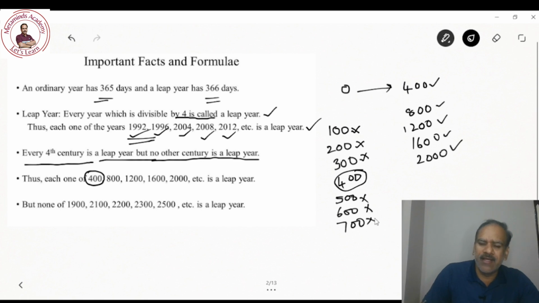They are all ordinary years, whereas the 800th year is again a leap year, right? So you should remember this. This is a very important point. Therefore 1900, even though it is divisible by 4, is not a leap year. 2100, 2200 are all not leap years even though they are divisible by 4. That is a very important point you should remember.